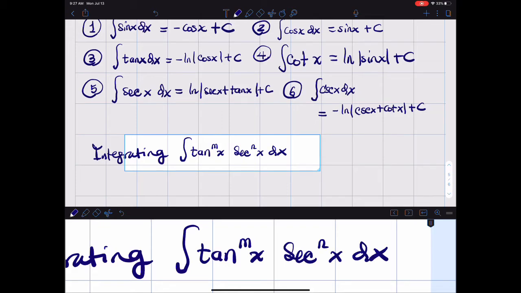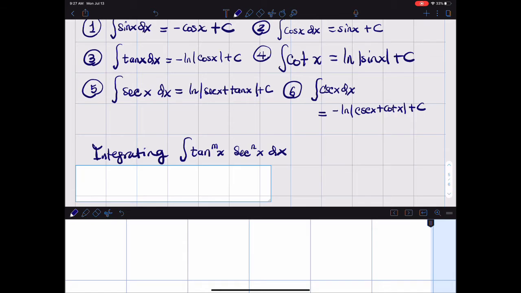All right, so there's a rule. If you remember, in the last lecture we looked at how to integrate sine x to the power of m, cosine x to the power of n. So there's a similar rule here, but it's not quite the same.